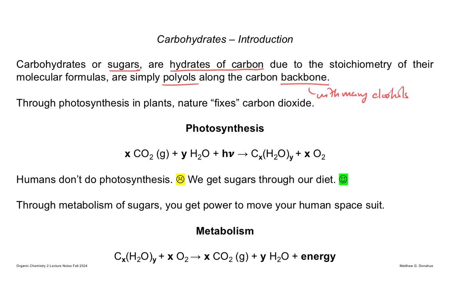Plants fix carbon dioxide through photosynthesis. That reaction is shown here. You have X moles of carbon dioxide in the atmosphere plus Y moles of water, catalyzed by sunlight, that gives you a carbohydrate. So there's the formula.